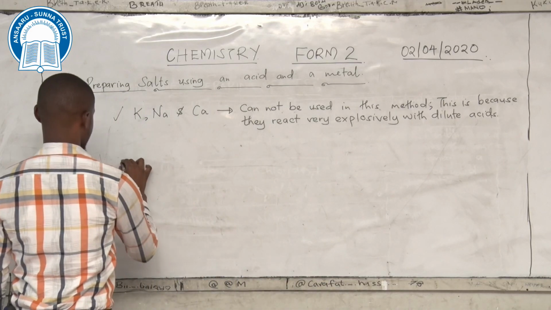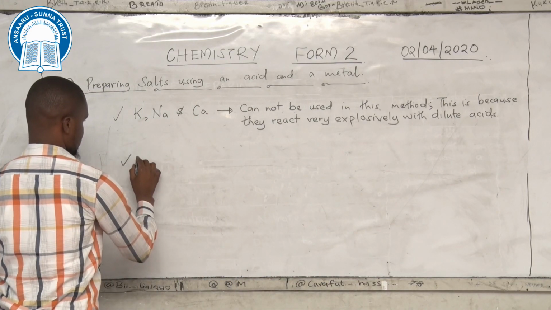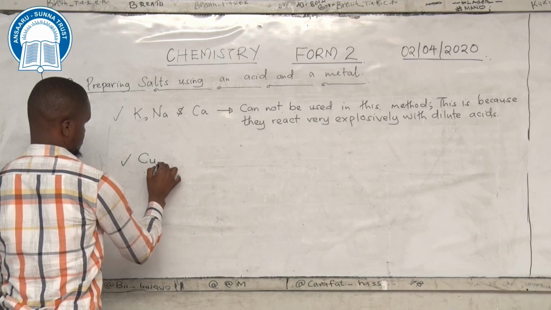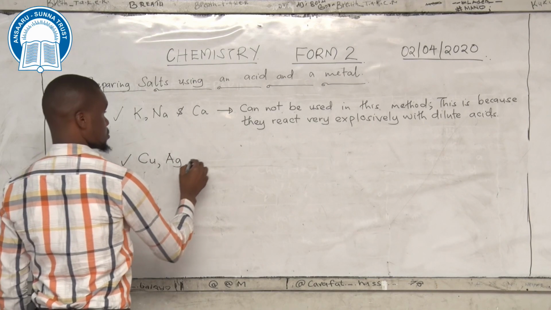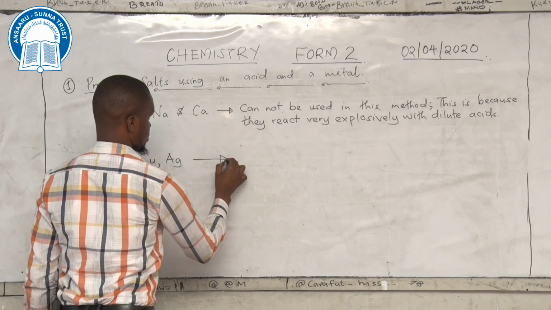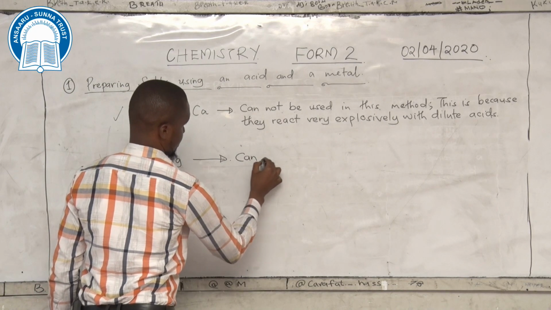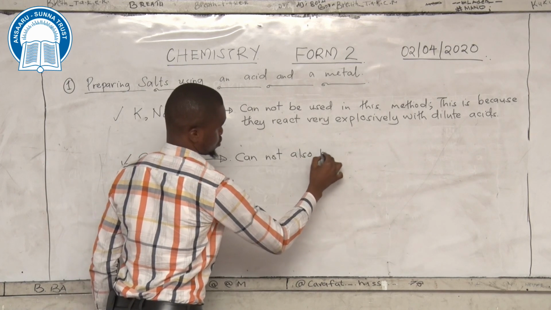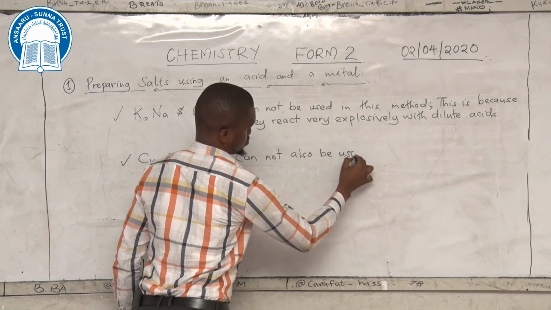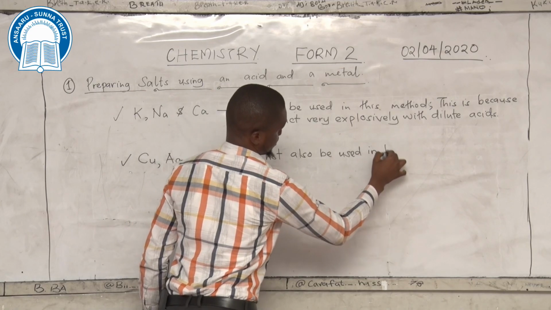And again, metals such as copper and silver cannot also be used in this method.